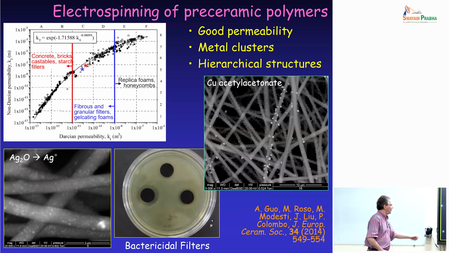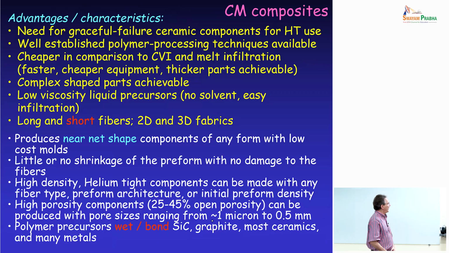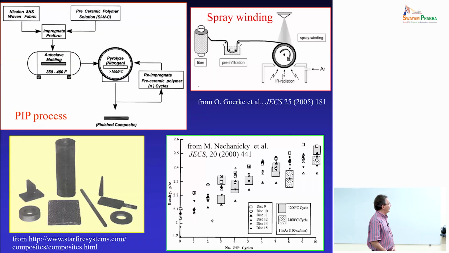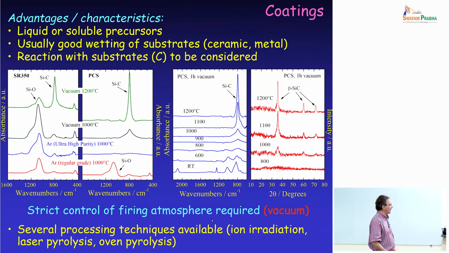You can also do it with silver. And okay, so the CMC preceramic polymers have been used a lot also for making ceramic matrix composites. Here is some work that I did in the past on coatings, and there is one interesting point to make here.